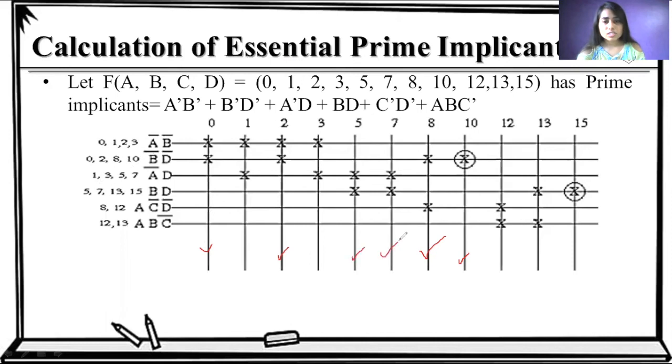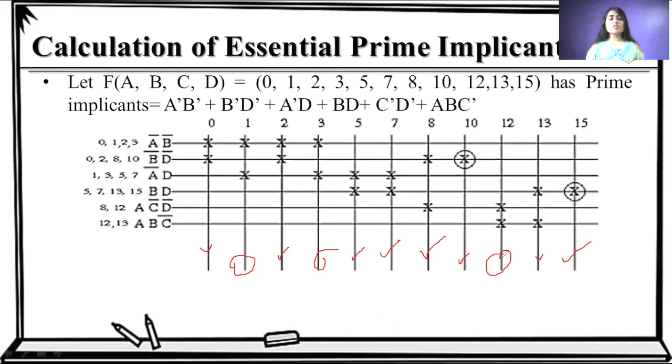It is a condition that the essential prime implicants should cover all the min terms, but here 1, 3 and 12 are not covered by these essential prime implicants. So we have to write an expression for these terms.